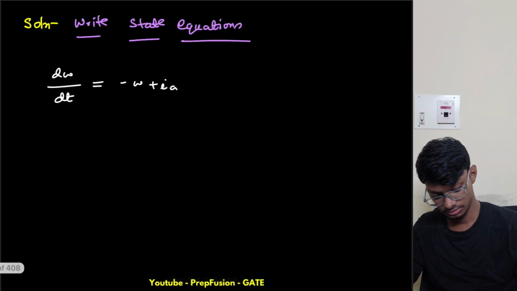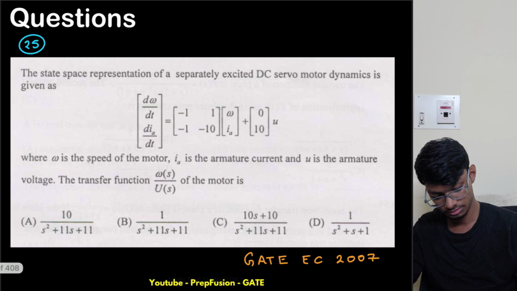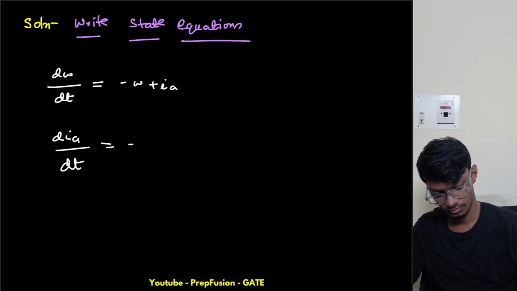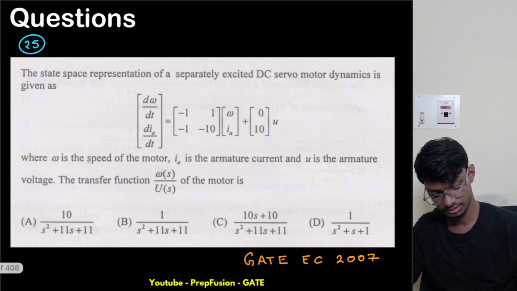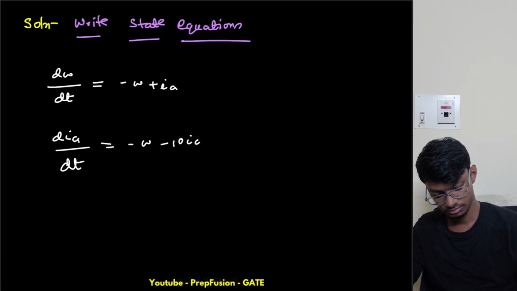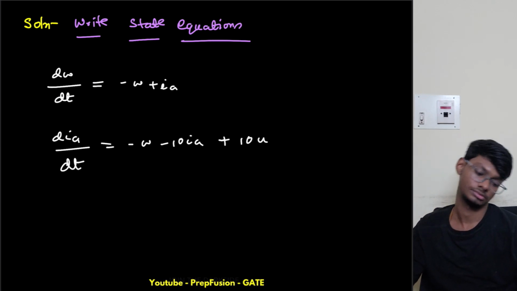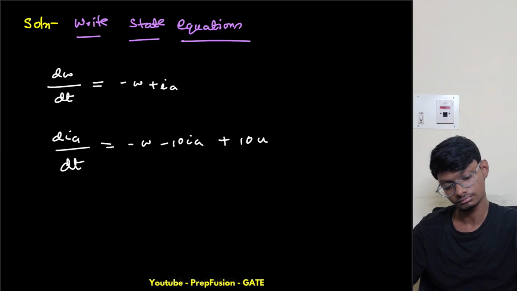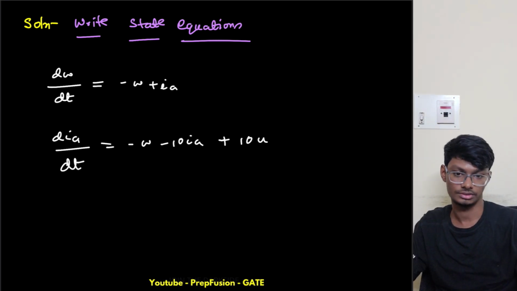And dia upon dt equals minus w, minus 10 ia, plus 10 u.